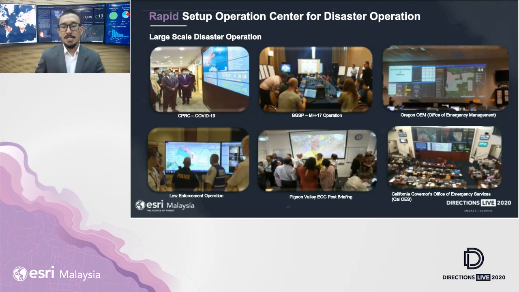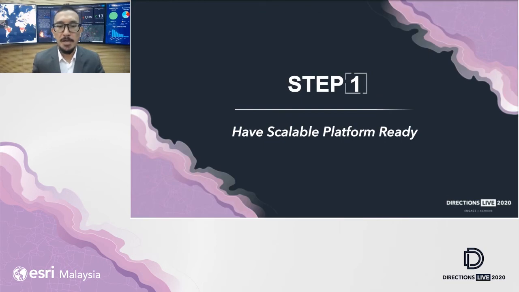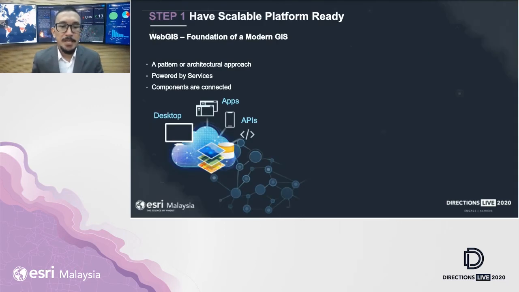Let me explain the first step for better disaster preparedness. The first one is to have a scalable platform ready. When we talk about a scalable platform, WebGIS is one of the platforms that can be deployed during a disaster.